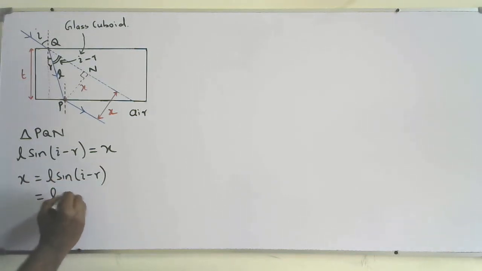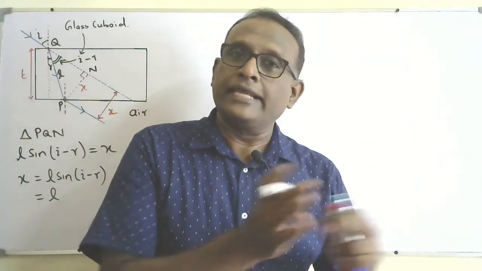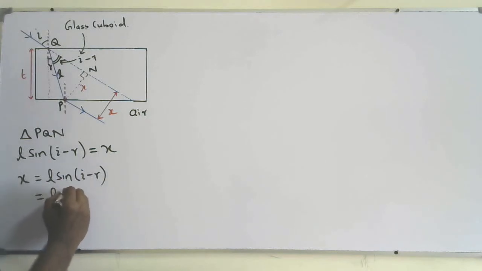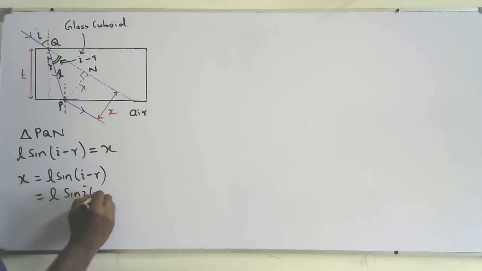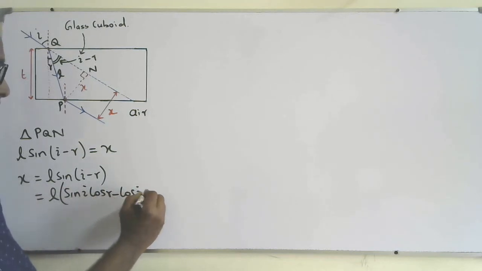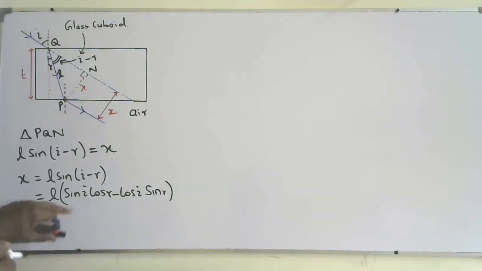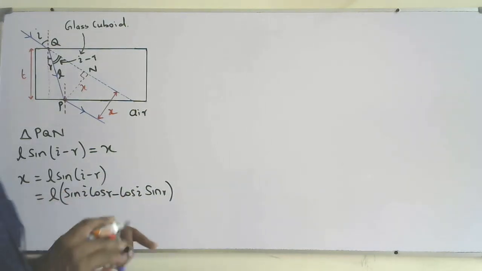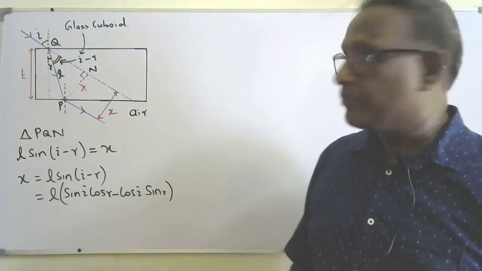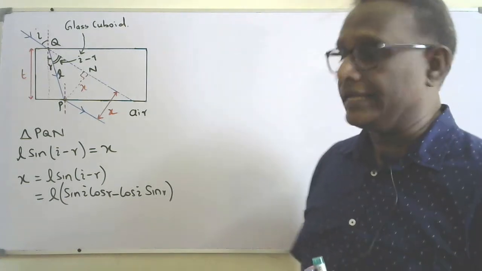This could be written as L times, you know, sin(I minus R) is equal to sin I cos R minus cos I sin R. So I can write this as L times (sin I cos R minus cos I sin R). Okay, sin I and cos I are related to I, which is given in the question. The only thing I need is some expression or relationships for cos R and sin R.